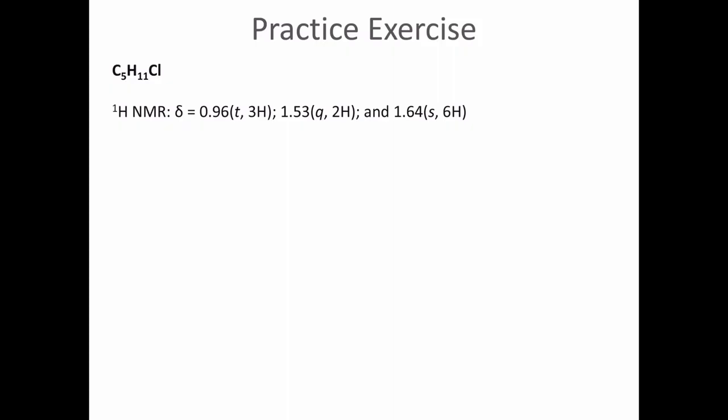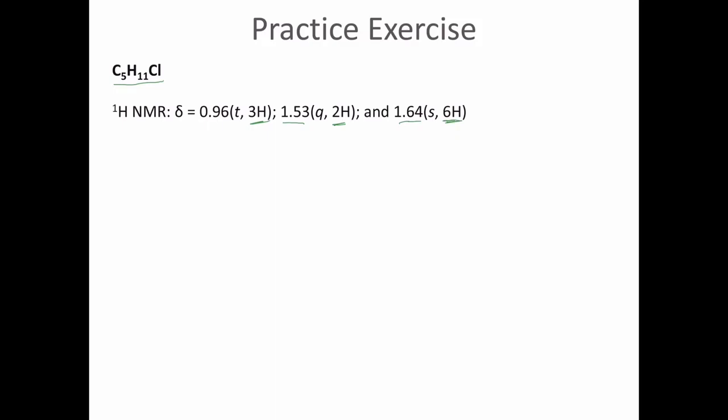Predict the structure of C5H11Cl given the proton NMR with chemical shifts, 0.96 being a triplet with 3 protons, 1.53 being a quartet with 2 protons, and 1.64 being a singlet with 6 protons. That's a signature for isopropyl.